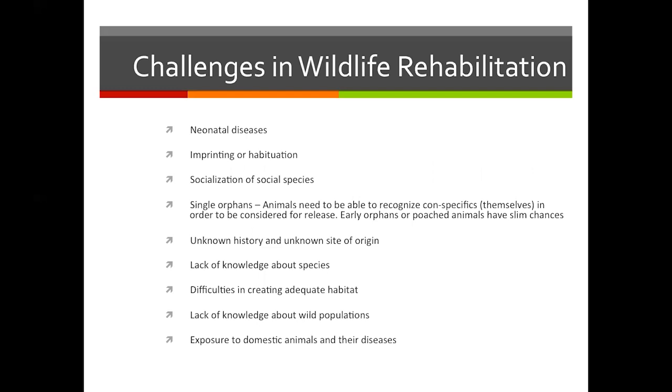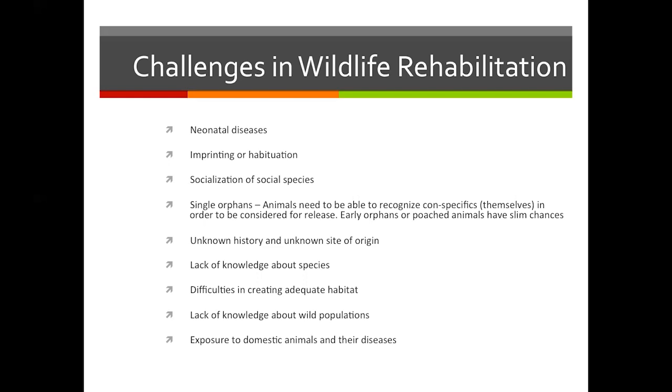We have the issue of animals, newborns or juveniles that may imprint on a human instead of their own species, or habituate, which may prevent them from being releasable in most cases.